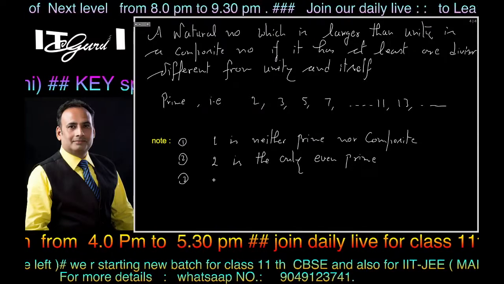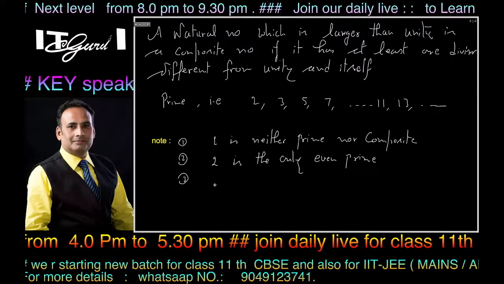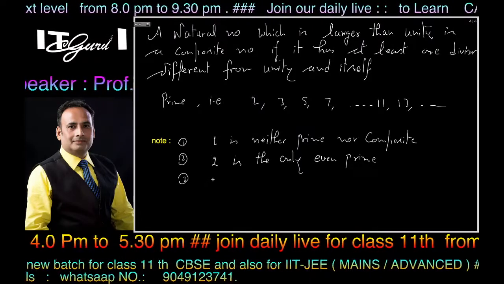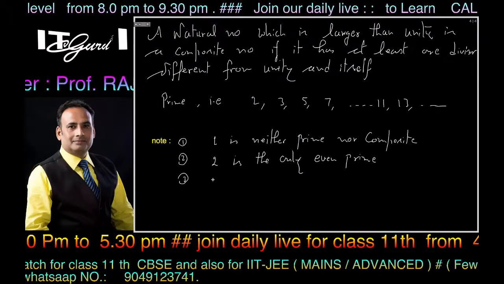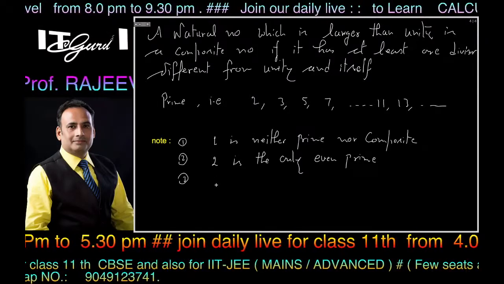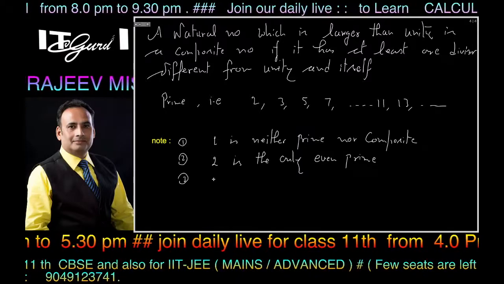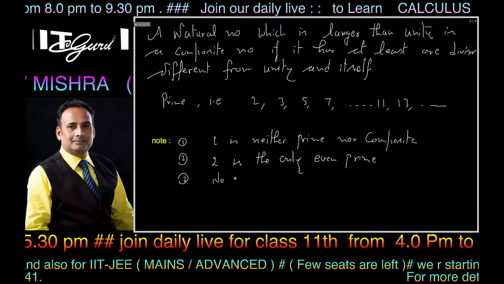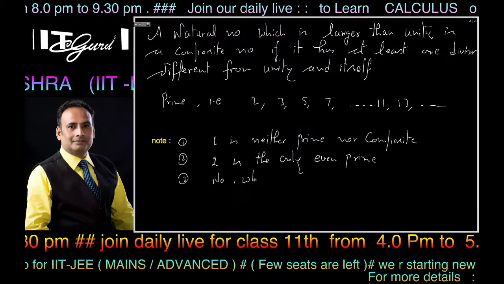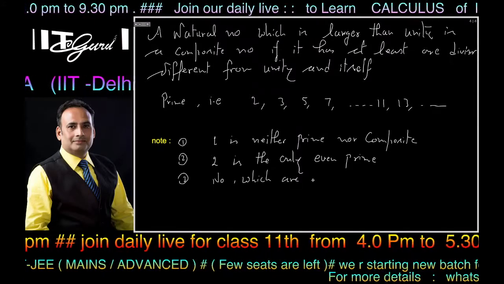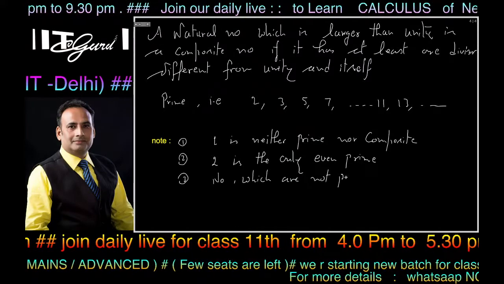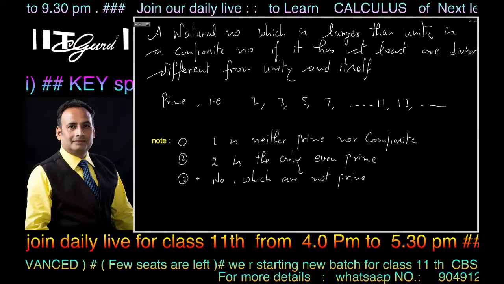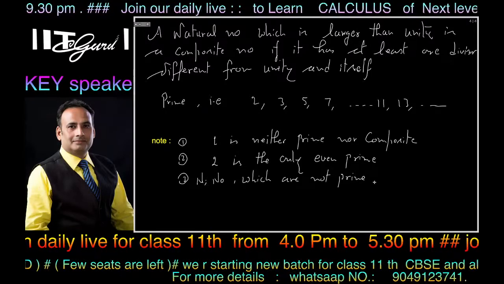Third point: those natural numbers which are not prime are composite numbers. Here, the number I have written means natural number.